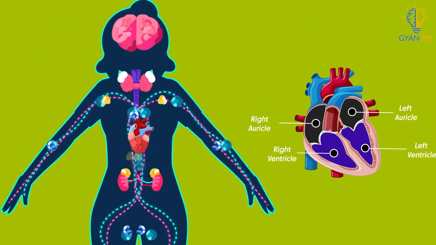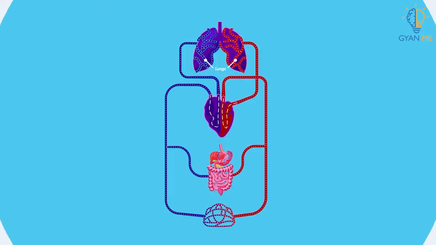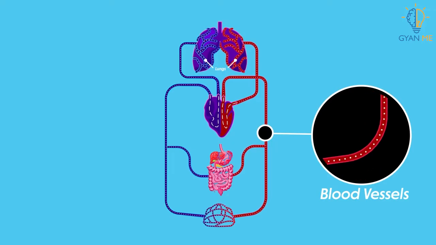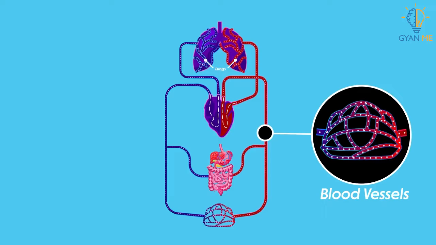And now that you are acquainted with the structure of the heart, let us have a closer look at how blood circulates inside our body. In our body, blood travels through a complex network of tubes called blood vessels. The journey of blood is non-stop and in a closed loop.